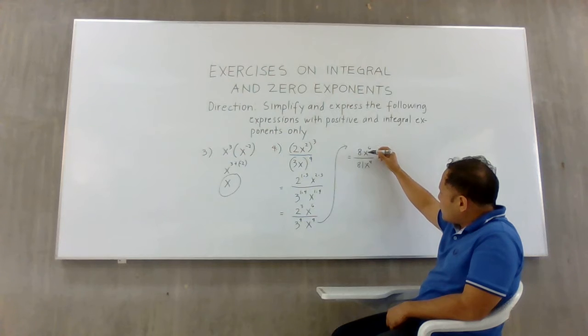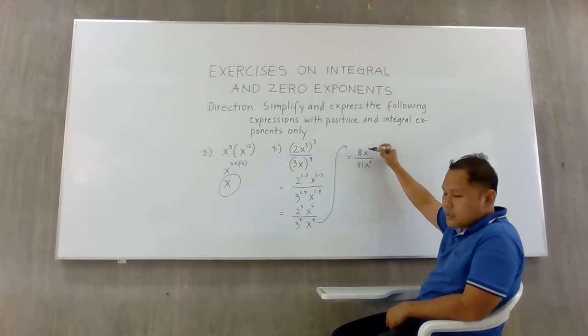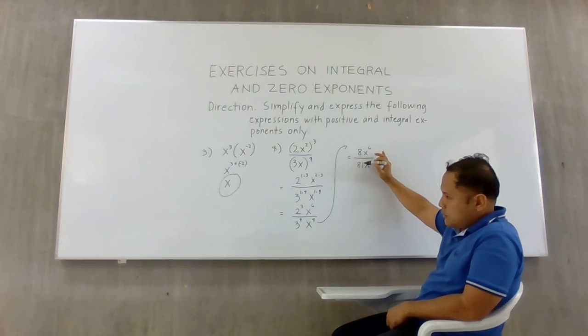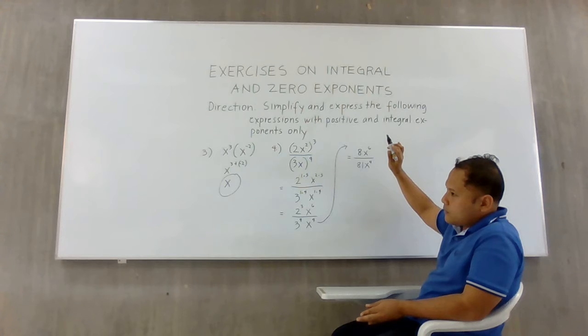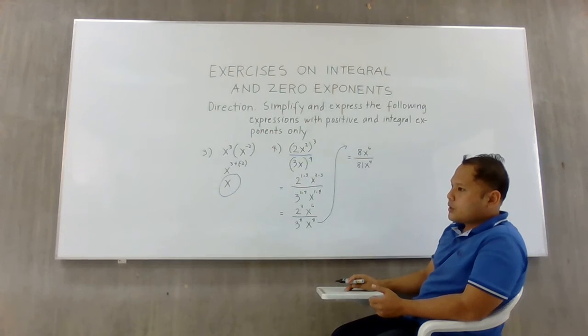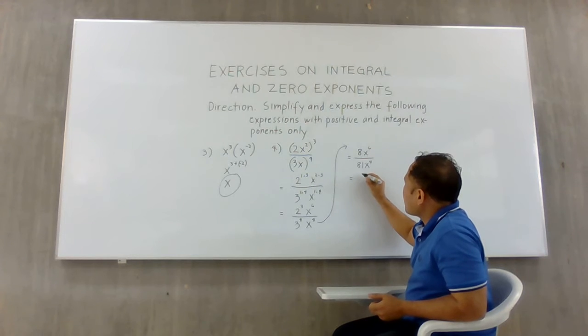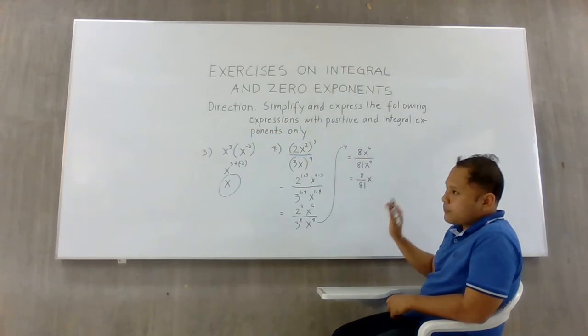Notice that in the numerator and in the denominator, we have the same base. And the numbers 8 and 81, they do not have a common divisor. Okay, so we maintain the fraction 8 over 81, and we copy the same base.